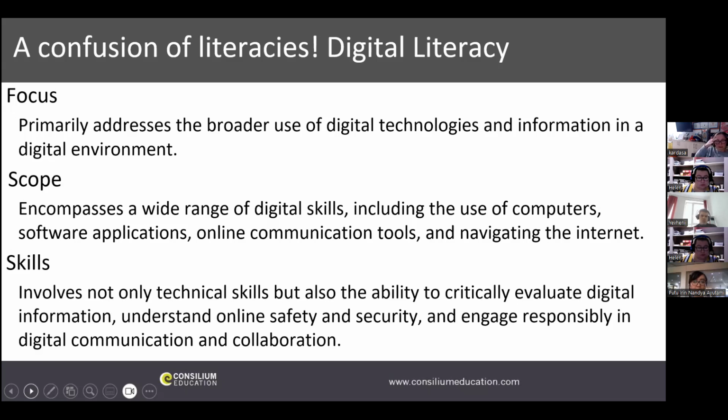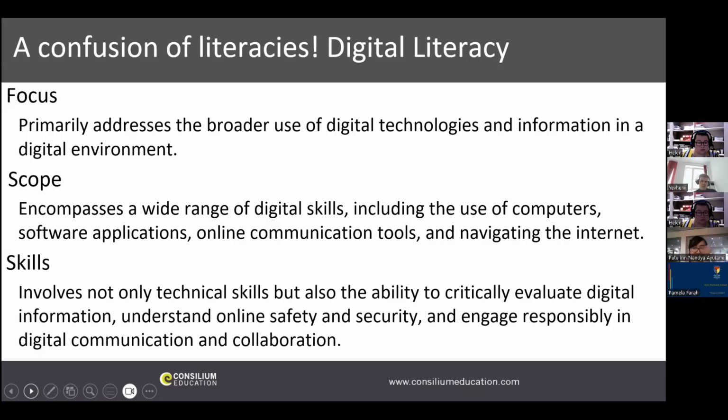The scope for digital literacy encompasses a wide range of digital skills, including the use of computers, software applications, online communication tools, and navigating the internet in general.